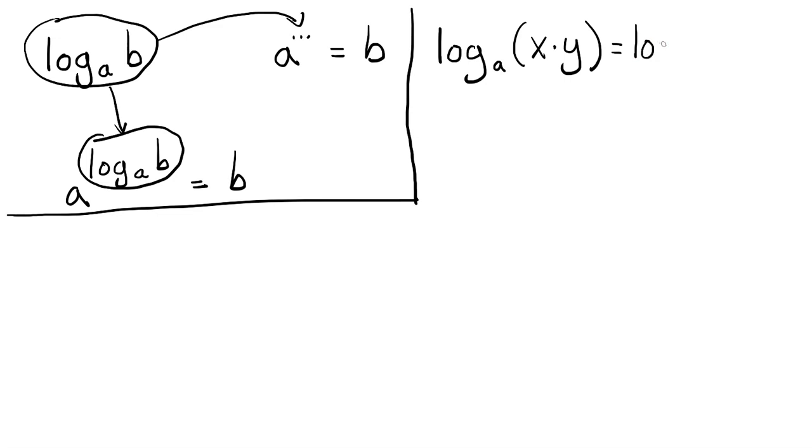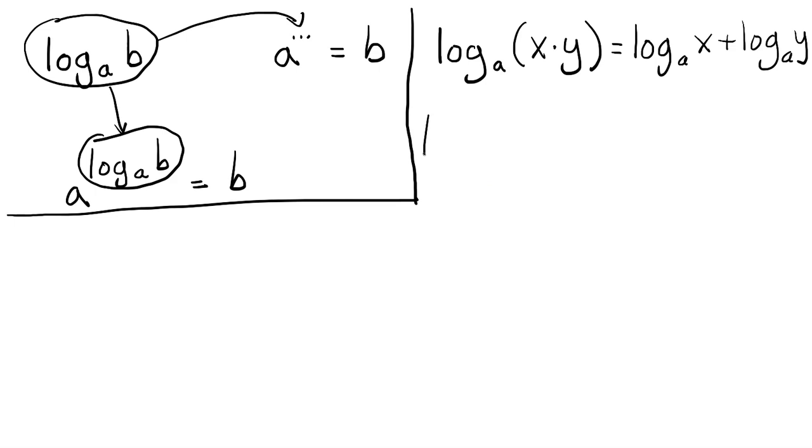That's just the sum of the logarithms. So this is a rule for logarithms. For the log of a product, you just take the logarithm of each number and add them. All these rules we will show now can be proven, but we won't do it here.